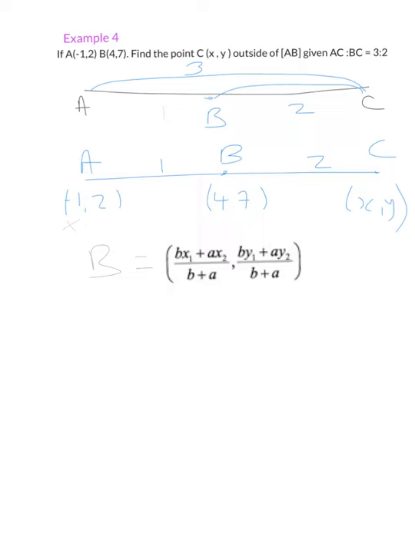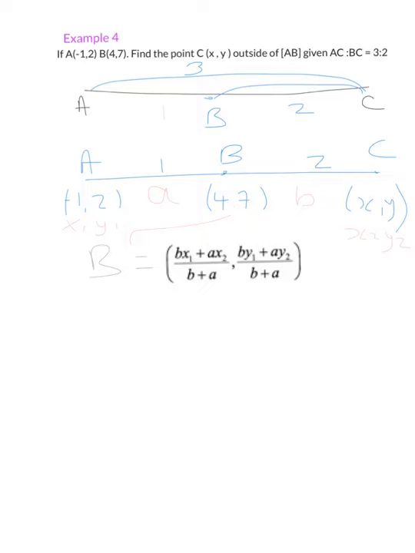My point A is my (x1, y1). My first ratio is A, my second ratio is B, and my C is going to be my (x2, y2). And then B is what I'm going to slot in here.